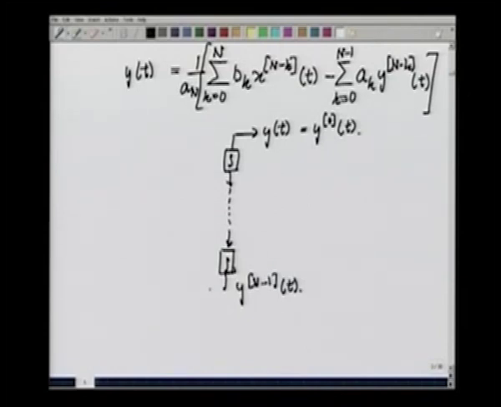So, this has to be multiplied by minus a1, then the previous term has to be multiplied by minus a2, and so on until this one is multiplied by minus a_{n-1}.